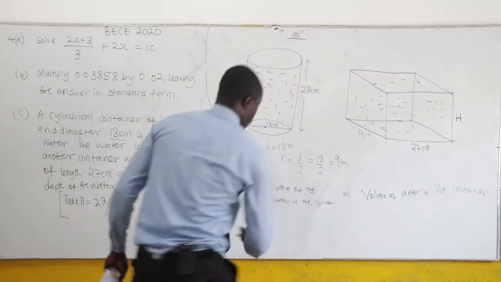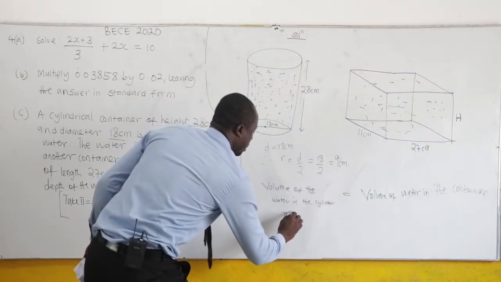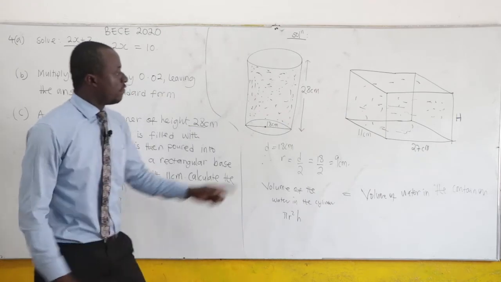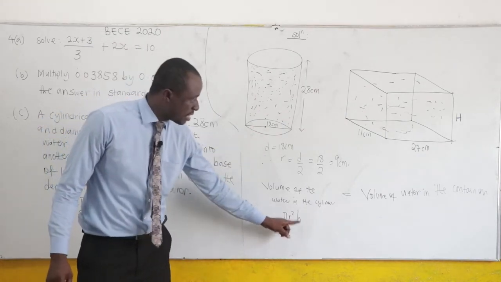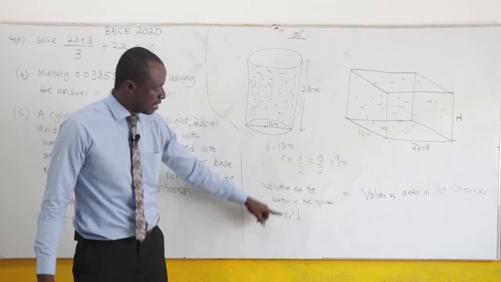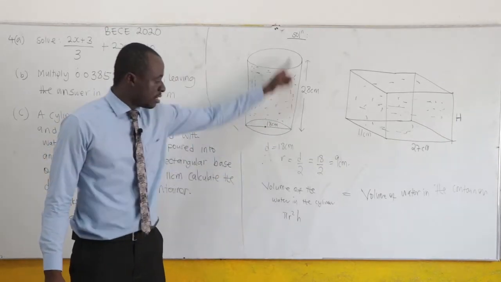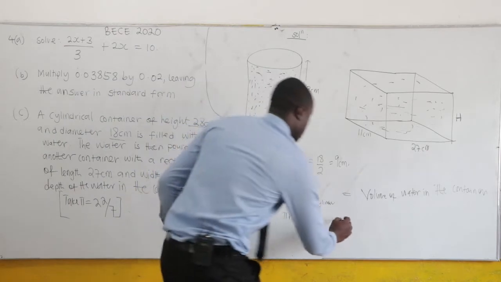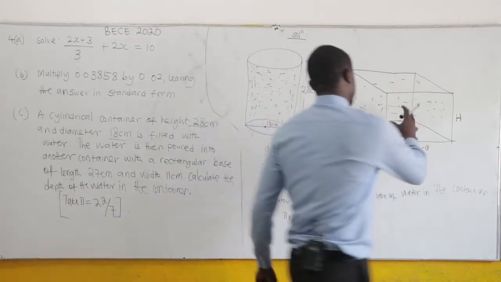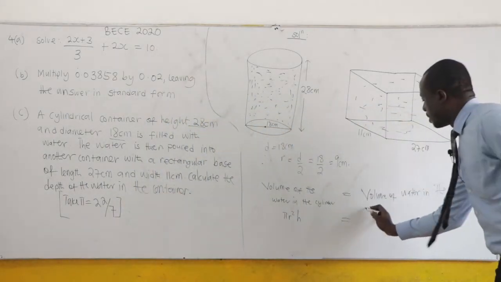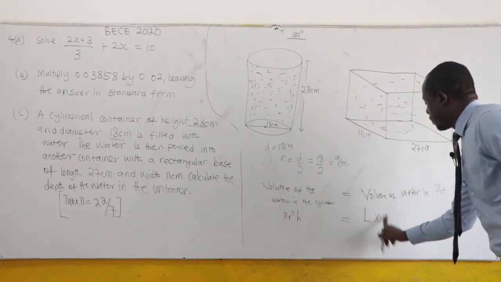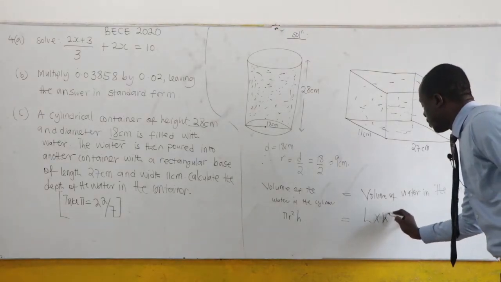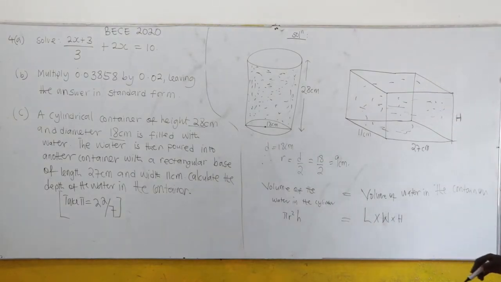Now, the volume of this is calculated as pi r square h. The volume of a cylinder is the cross-sectional area times the height, and the cross-section is a circle, so that gives us pi r square times the height. And this is equal to, now the volume of this, we know is length times the width times the height.